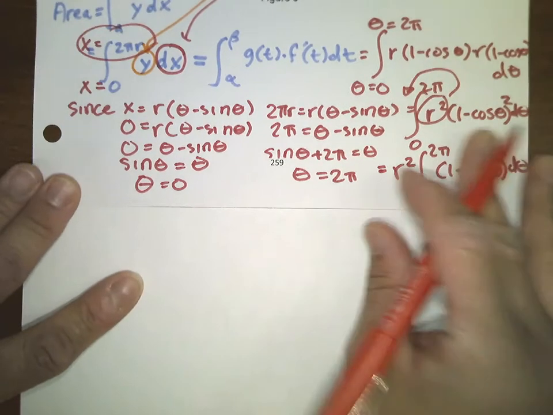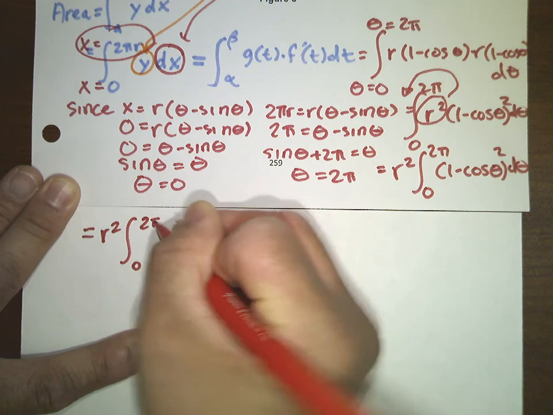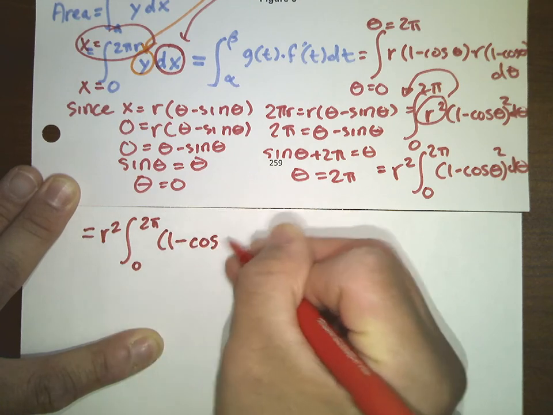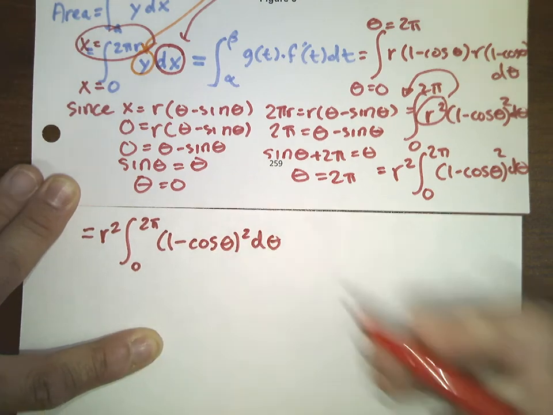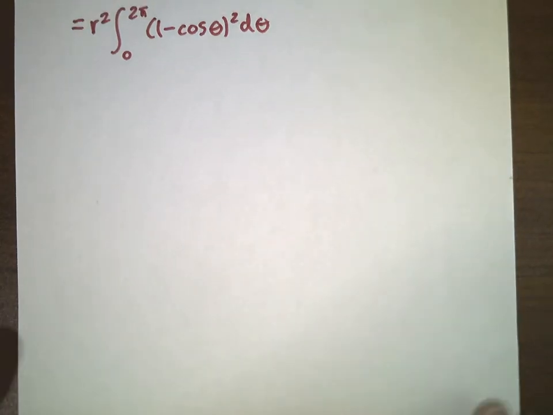So remember, I'll just rewrite it here. So it's r squared integral from 0 to 2 pi of 1 minus cosine of theta squared d theta. So I'll just write that down so that I don't have to keep on moving the paper back and forth on you. So I need to multiply this out here. All right, so let's go ahead and I will multiply this out.